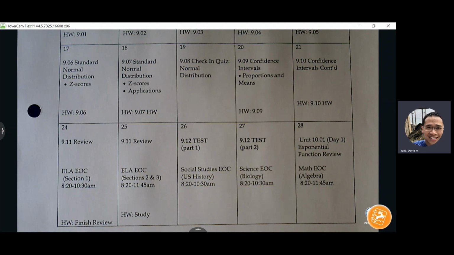It would be a late start for many of us on most days. And then I'll send you guys the EOC schedule as well when we get closer, but it's going to be like 3, 4, 5, 6, 7, and then first and second period of the day. Any questions?